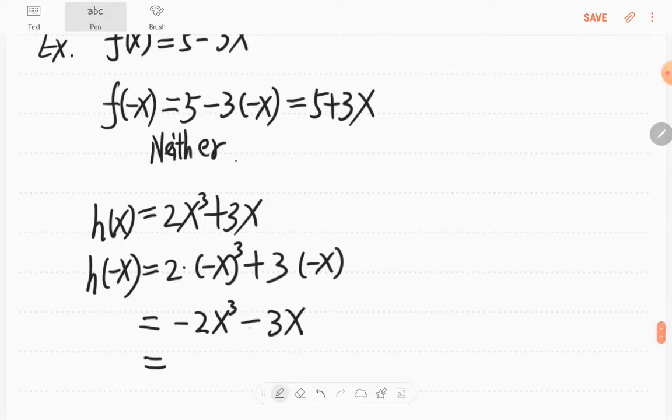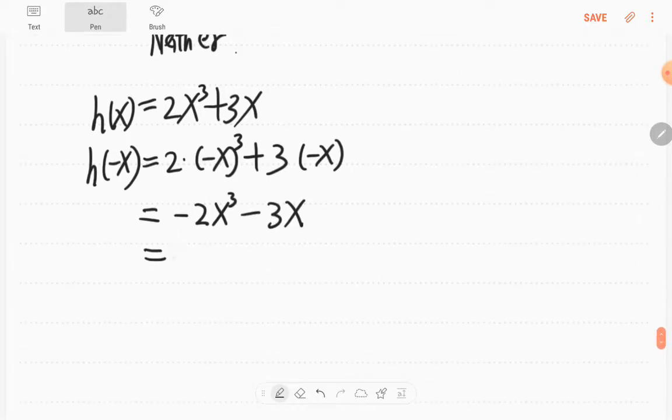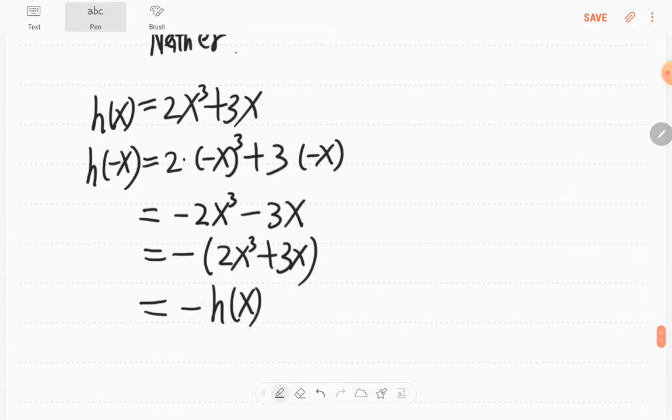If we put a negative in front of h of x, it becomes this. So this is negative h of x. This function is an odd function because h of negative x equals negative h of x. So how to identify even or odd functions? You just plug in the negative x to see what happens.